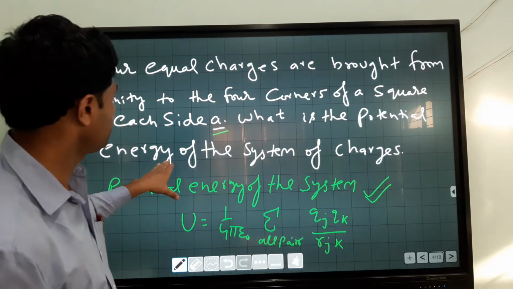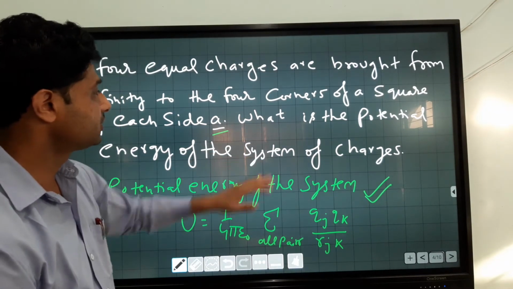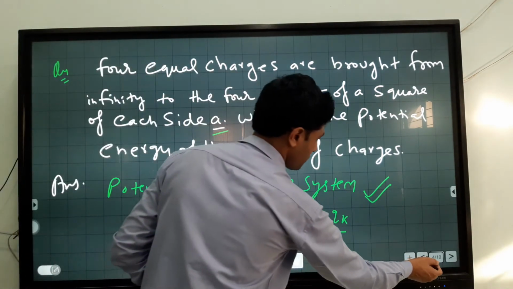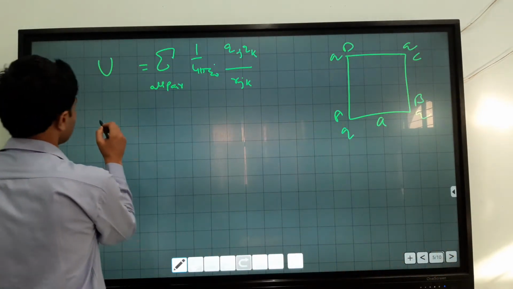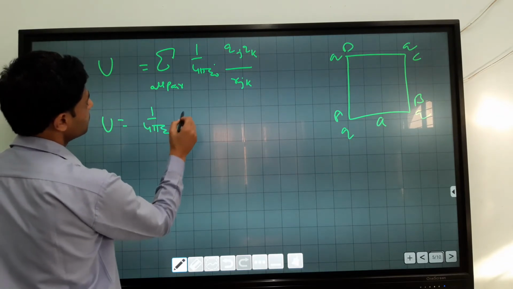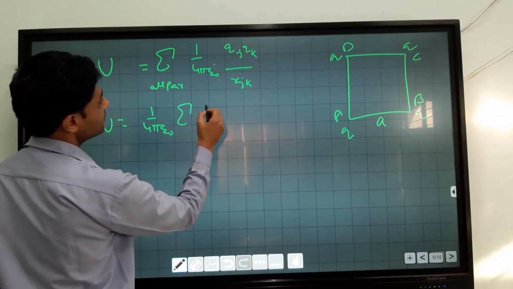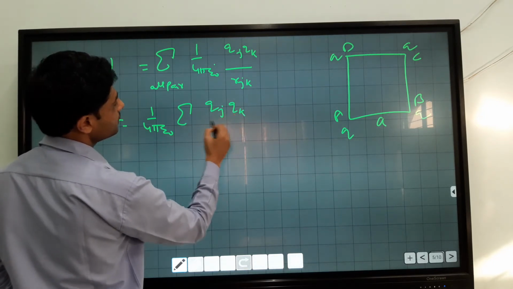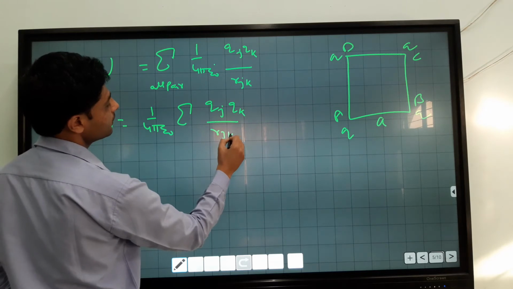What is the potential energy of the system of charge? So U is equal to 1/4 pi epsilon naught summation Qj Qk upon Rj k.